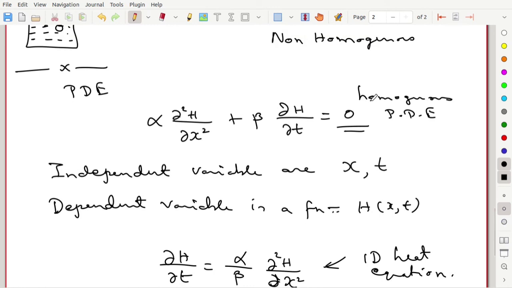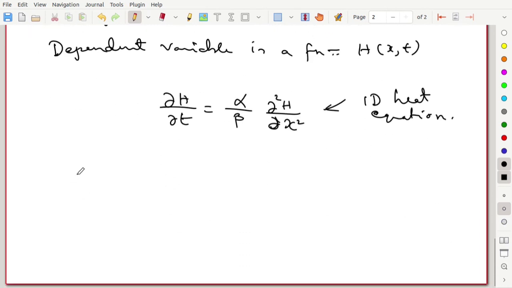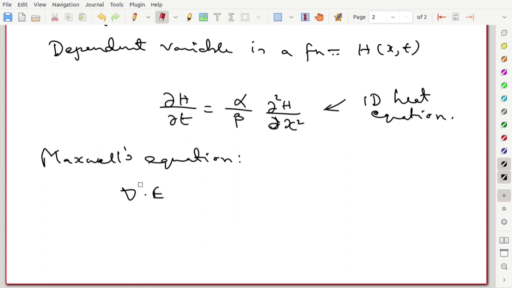Okay, so let's look at another physical example, which is a non-homogeneous PDE. One example is our famous Maxwell's equation. Our first Maxwell equation: del dot E vector equals 1 by epsilon naught times rho of x, y, z.